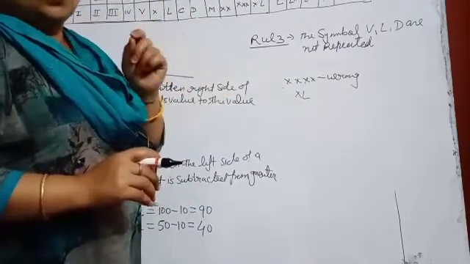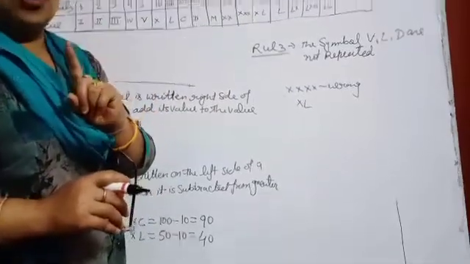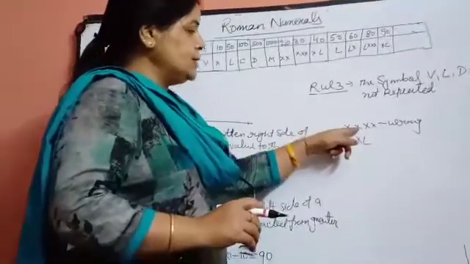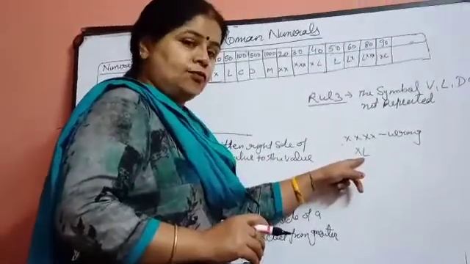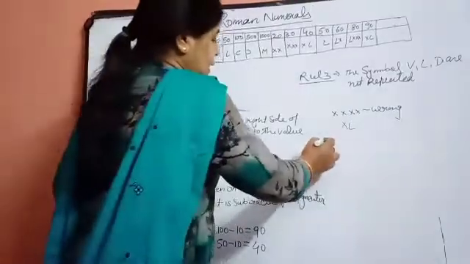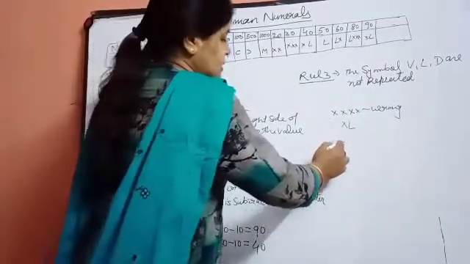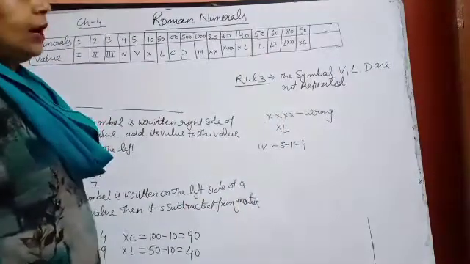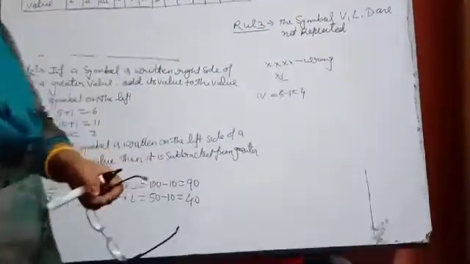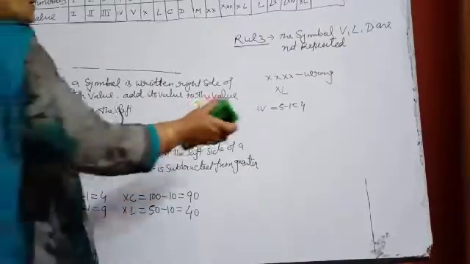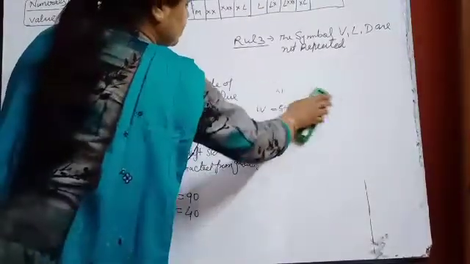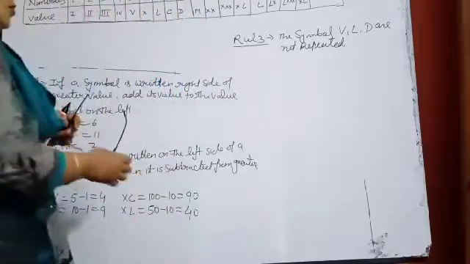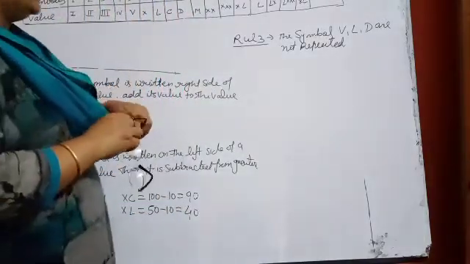If 3 is there, as we reach 4, in what pattern do we write? IV. IV means 5 minus 1, it will be equal to 4. So don't be confused there. And similarly for 60, 70 and 80 also. Again as we reach 90, we will do the same procedure as we did earlier.